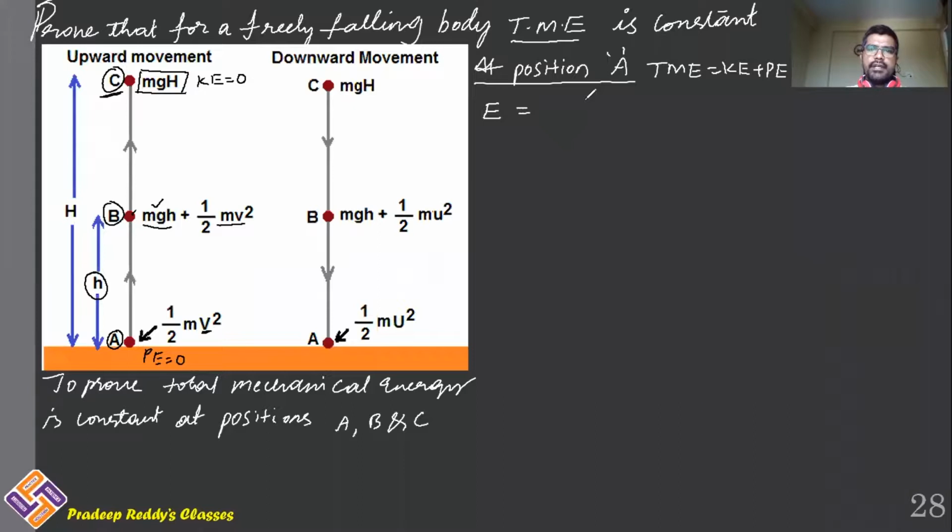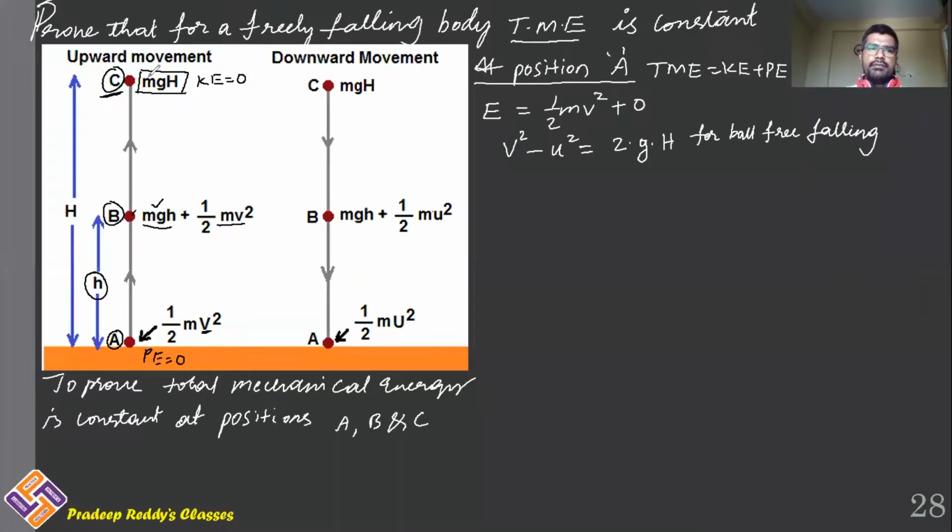It is half mv square, and potential energy is equal to 0. But what is v? You can find out v, capital V, using the equation of motion v square minus u square is equal to 2gh for a ball freely falling, here with height capital H.